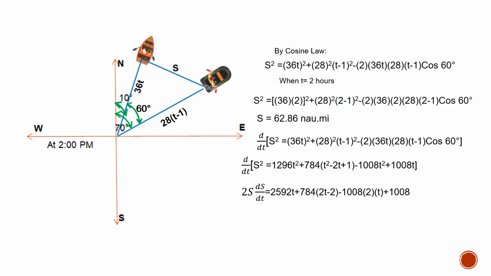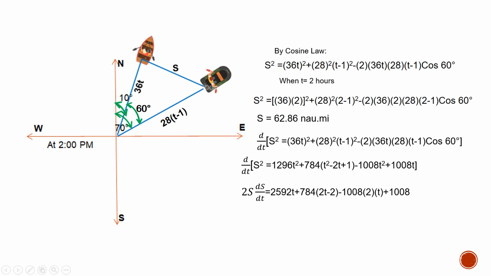So 2s ds over dt for the left hand side, and then for the right hand side, baba yung 2 dito, 1296 times 2, that is 2592 times t, dt over dt is just 1, and then plus 784. Differentiate the inner term here. Okay?